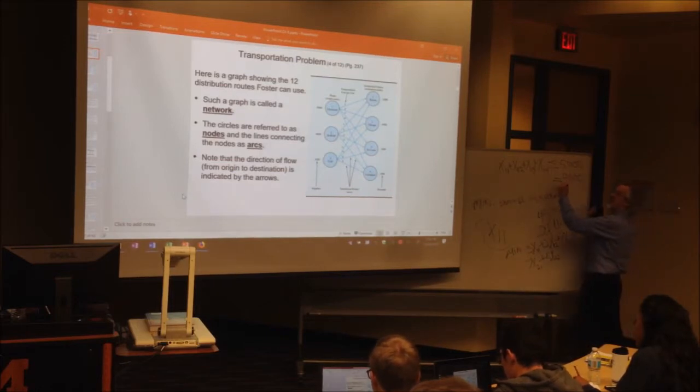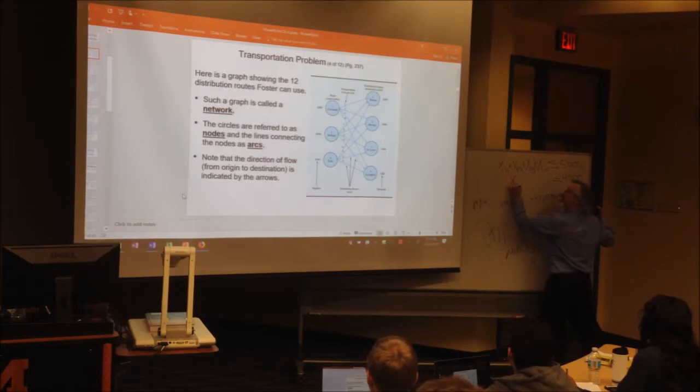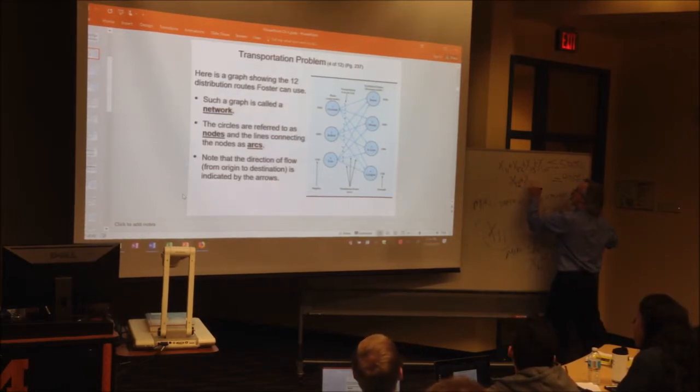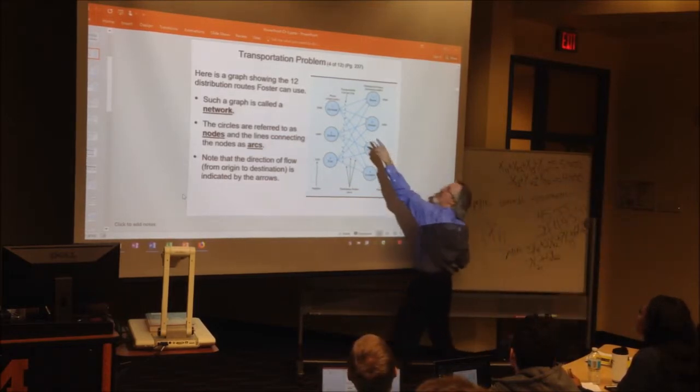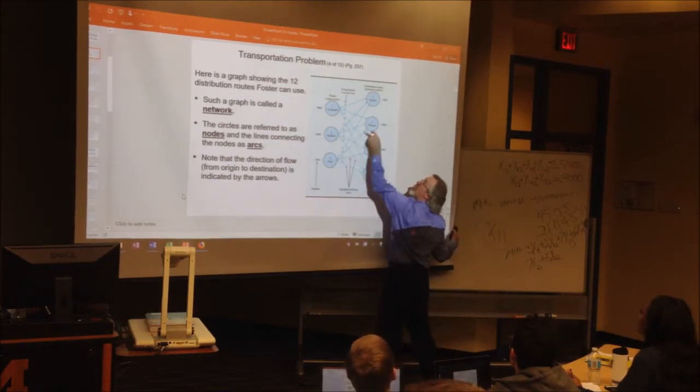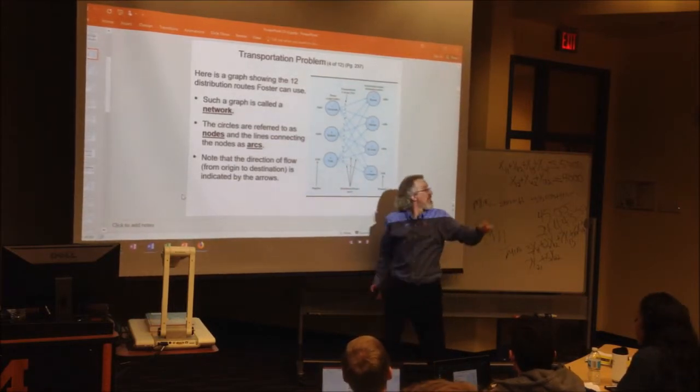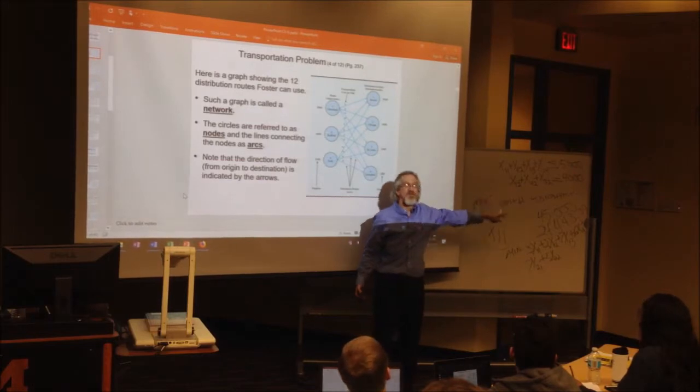Equal 4,000. We're doing Chicago right now. I see 3 arcs touching it. It looks like it's x12 plus x22 plus x32. Those are the 3 arcs touching it. Just follow the lines. 1, 2, 2, 2, 3, 2, equal 4,000.